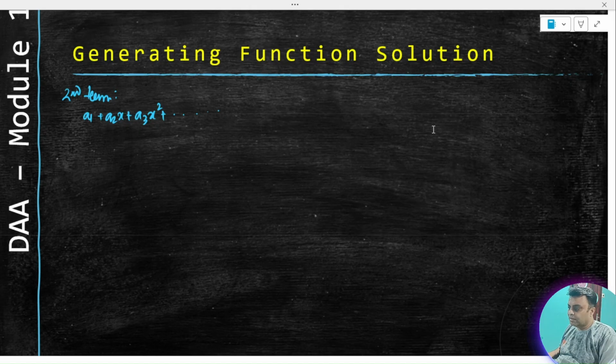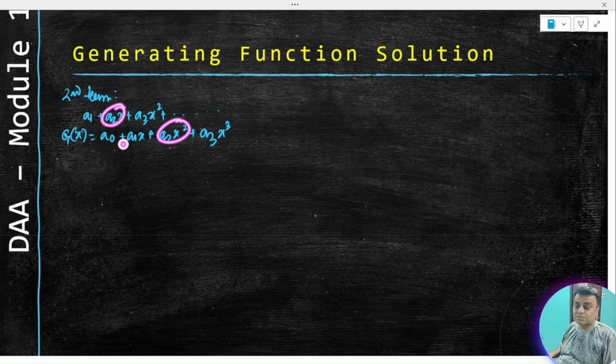Again, if we are comparing it with g(x), then g(x) is a0, a1x, a2x square, a3x cube. So what are we missing here? Just see here. a1 comes with x, so x is missing. a2 comes with x square, but here a2 has x, so x is missing here. a3 comes with x cube, x is missing here.